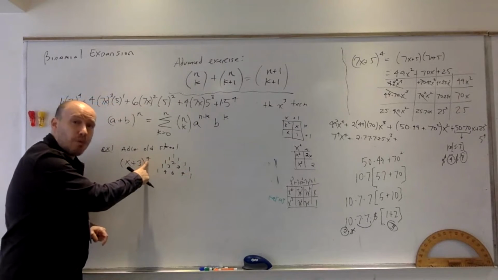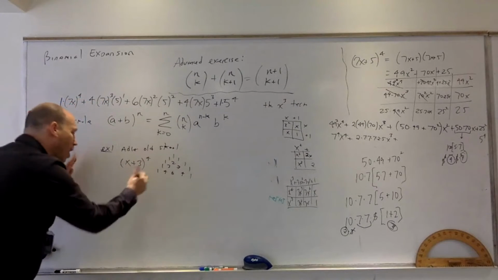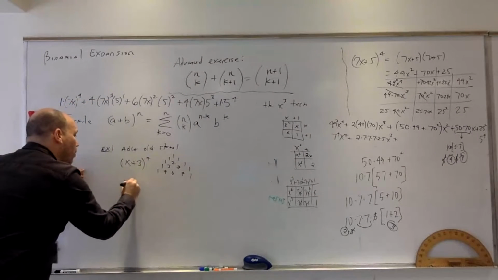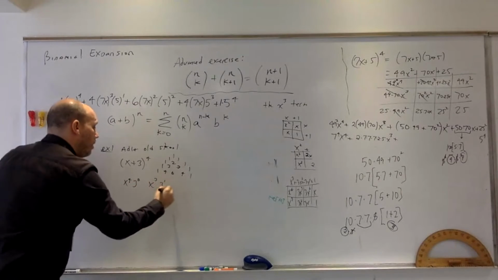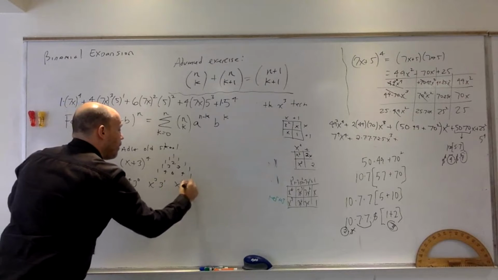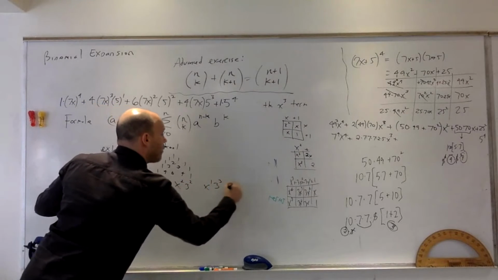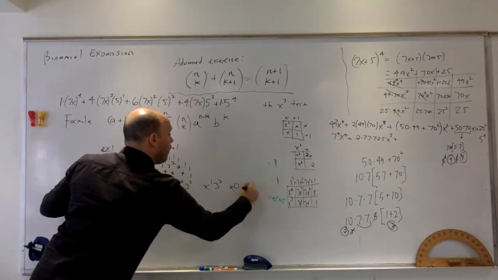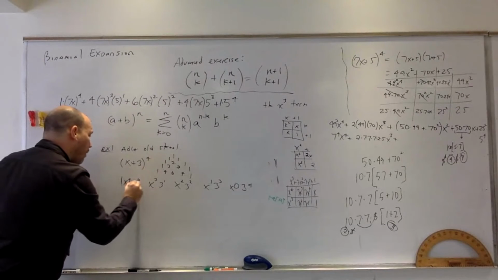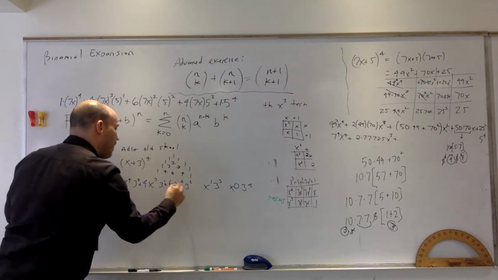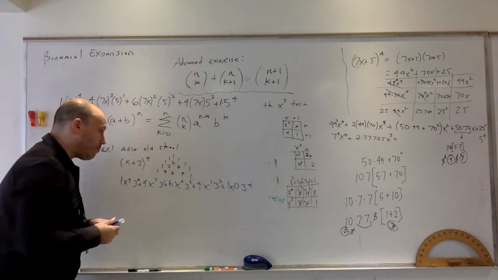I know that if I'm raising them to the 4th power, there's going to be 5 terms. Next, I know I have x to the 4th, 3 to the 0. X to the 3rd, 3 to the 1. X squared, 3 squared. X to the 1st, 3 cubed. X to the 0, 3 to the 4th. Put on Pascal's triangle, 1, 4, 6, 4, 1, and you're done.